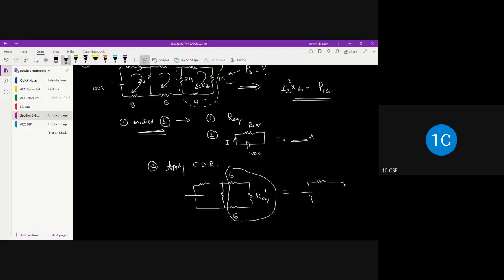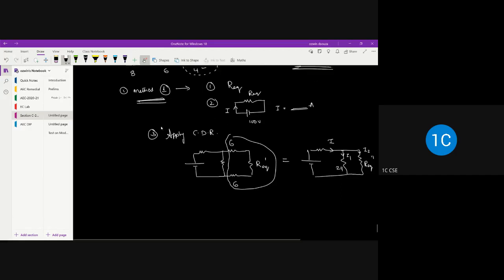So basically you will have something of this kind. This is your 24 ohm resistor, and this is your R equivalent double dash. This is your current I, this is I1, and this is I2. Like a chain rule, you have to keep on applying. So that's the current division rule you can try out.